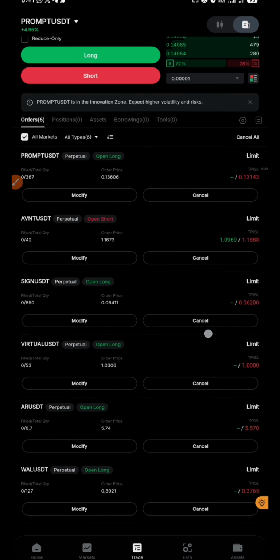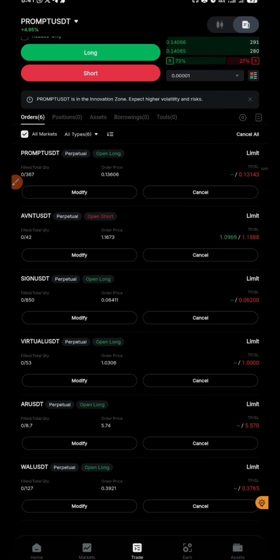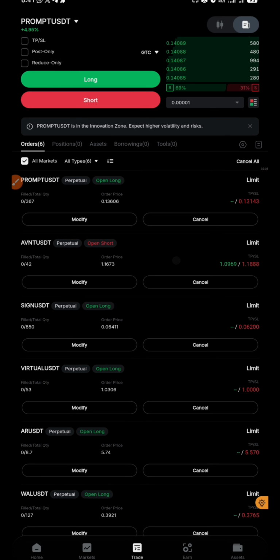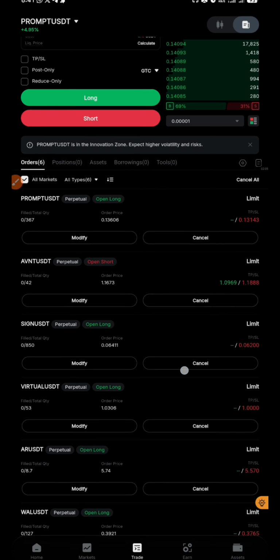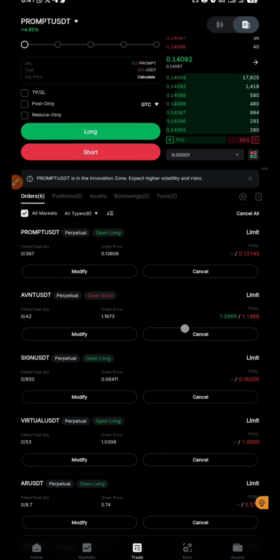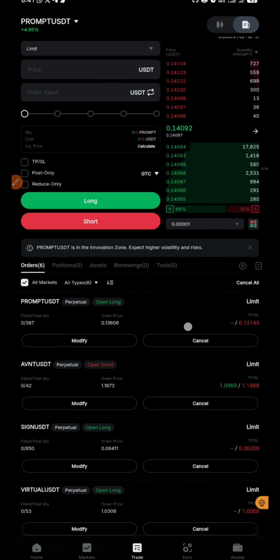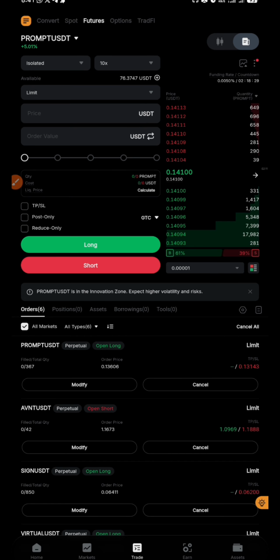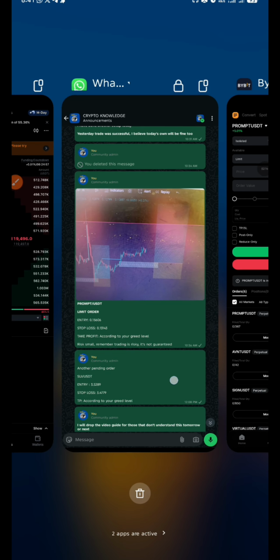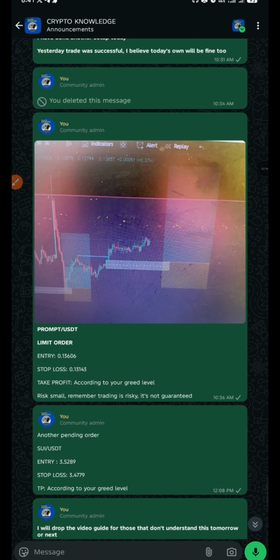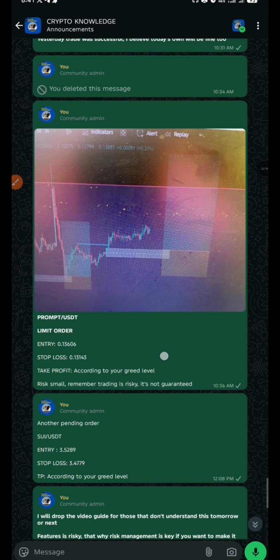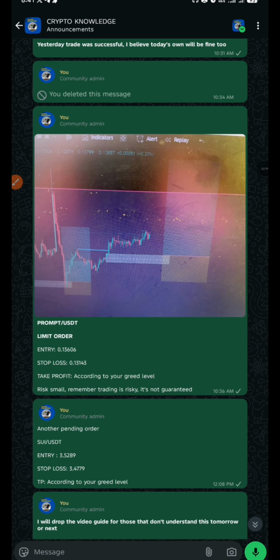These are trade setups that I have. All these trades have not triggered yet, but I have placed my pending orders waiting for them to trigger, so I can ride the trades. So now when you get a signal, let's say I posted a signal like this PROMPT USDT I posted today in the morning. It has not triggered yet.